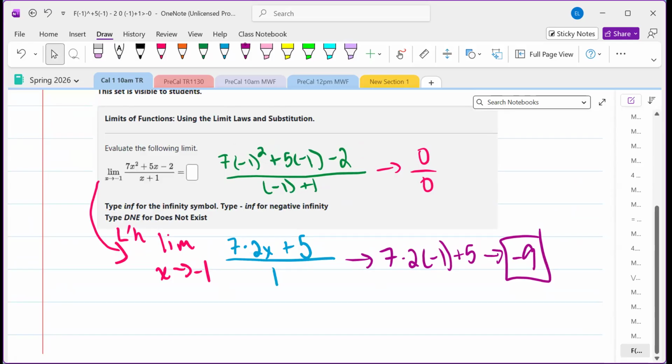Now, since the top and the bottom both gave me 0 when I plugged in -1, that means the top factors, and one of the factors is x plus 1. So the other way to work this one is I could have factored the top, canceled out the x plus 1s, and then plugged in my -1 on the result. And I'd get the same -9 as my answer.